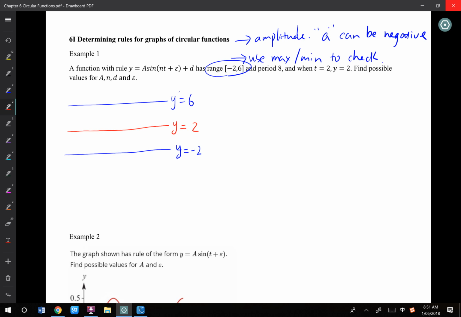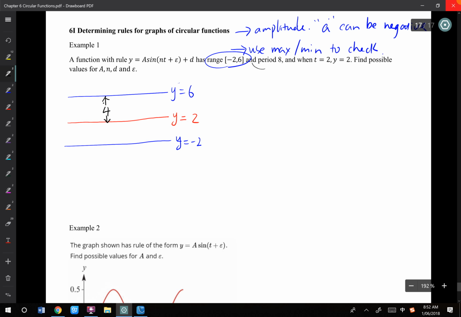And I also know the amplitude, because the amplitude is the distance moved from the midline to top or to bottom. So I will have a 4 as the amplitude. Okay, amplitude is 4. Midline is 2. And also I know the period is 8.